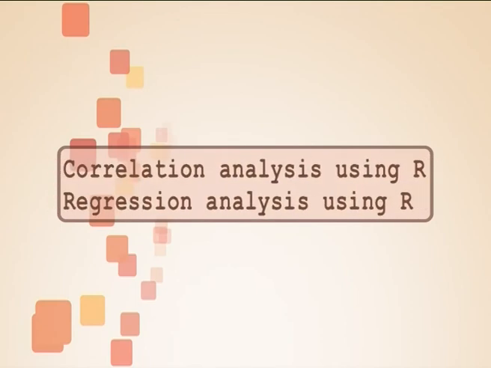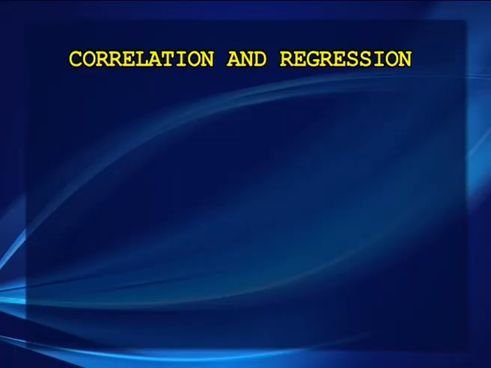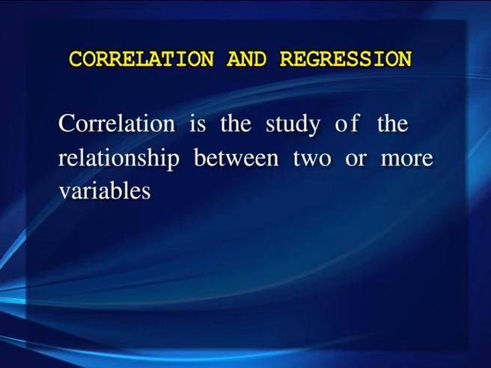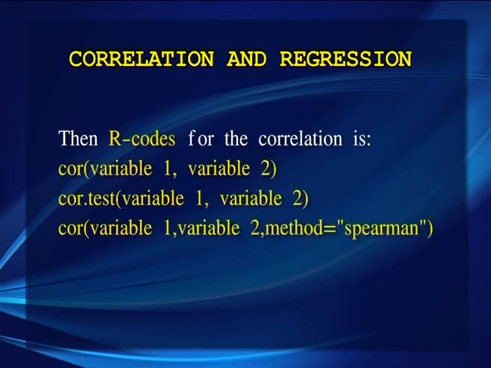Next we will see correlation and regression. Correlation is the study of the relationship between two or more variables. The R code for correlation is cor(variable1, variable2).